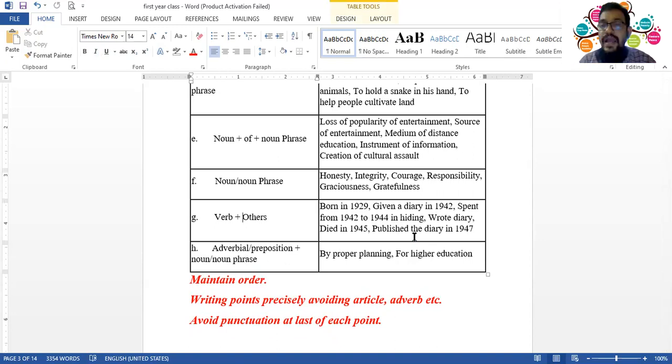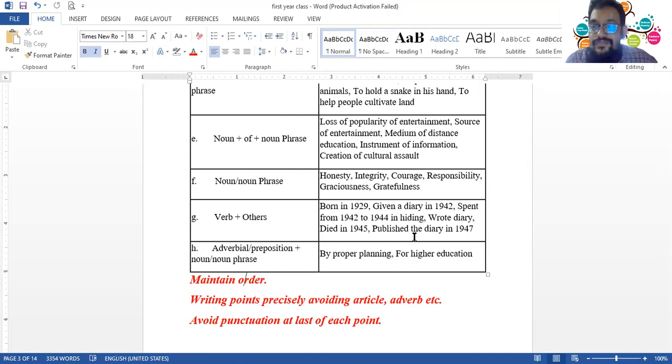But what you have to keep in mind, you cannot use a complete sentence. Then maintain order. You have to go step by step. What is written first, you have to give first. What is second, second.